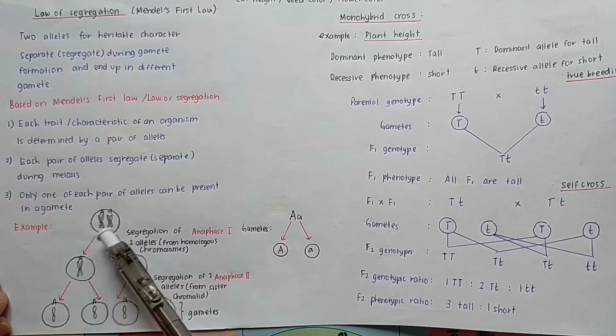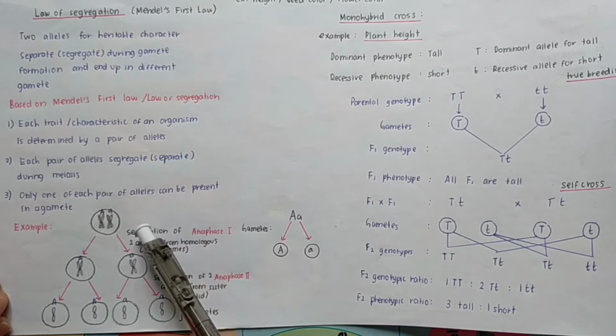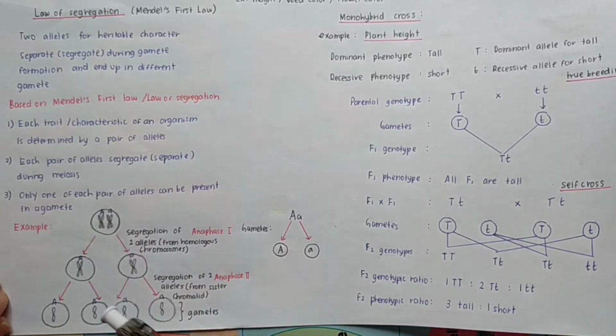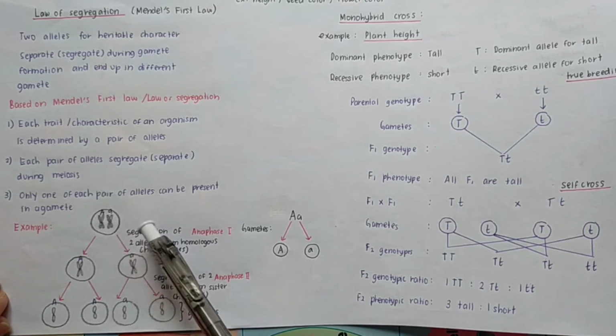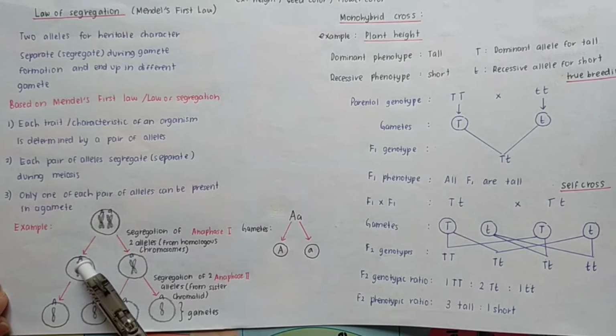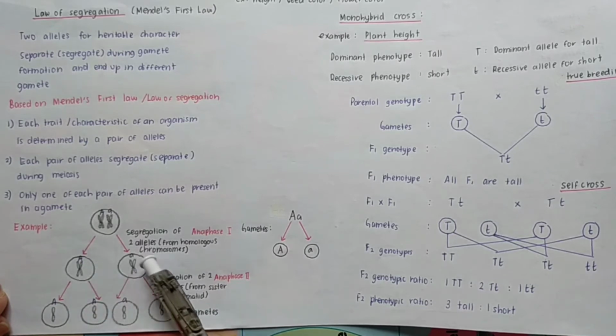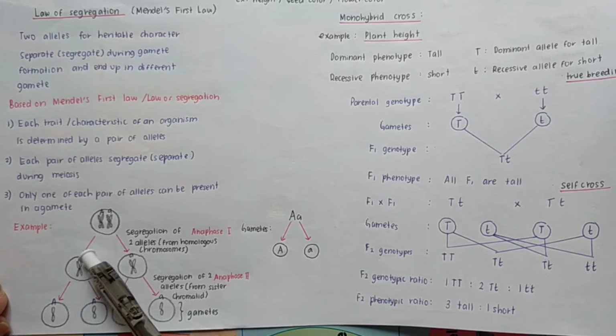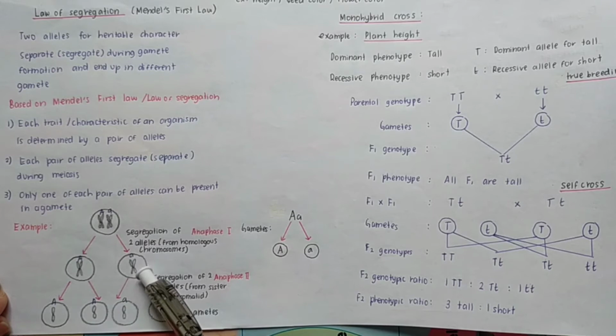So apa yang akan berlaku? Bila berlaku segregation of these two alleles, kalau awak tengok dekat sini, yang ni kita panggil sebagai homologous chromosomes. So this homologous chromosome pair will separate or segregate during anaphase 1. So what happens? Both of these chromosomes will be separated. So dalam satu sel ni, dia akan ada chromosome with allele capital A. Dekat sini, dia akan ada sel which is kromosomnya contain allele A kecil.